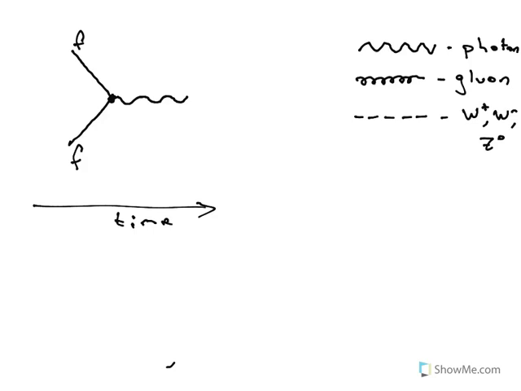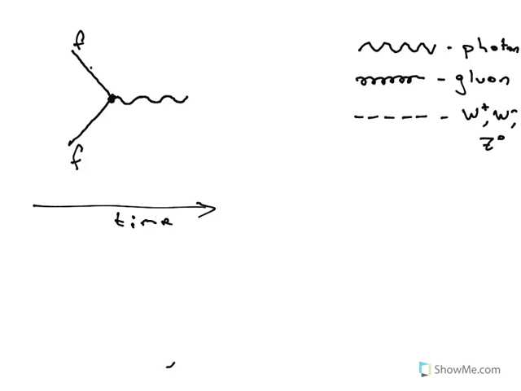However, another convention is it allows us to kind of differentiate between particles and antiparticles. So the convention goes like this. If what you have is a particle, normal matter, so electron, proton, neutron, up quark, down quark, whatever, when they move through time, their arrow moves positive time.